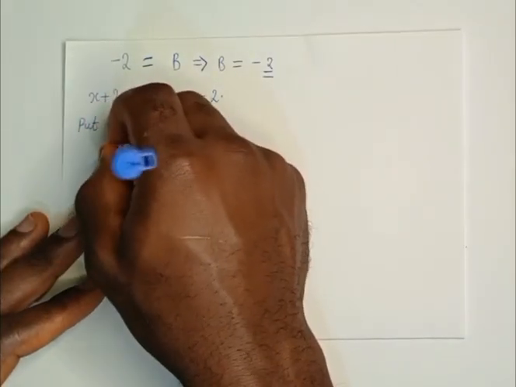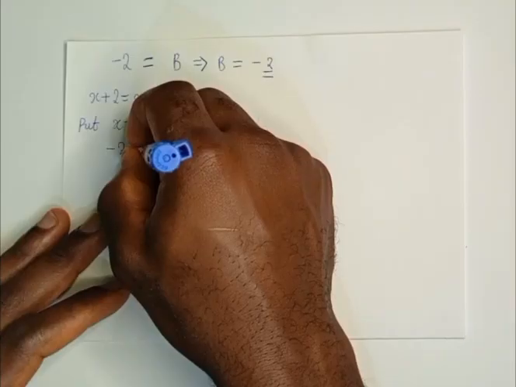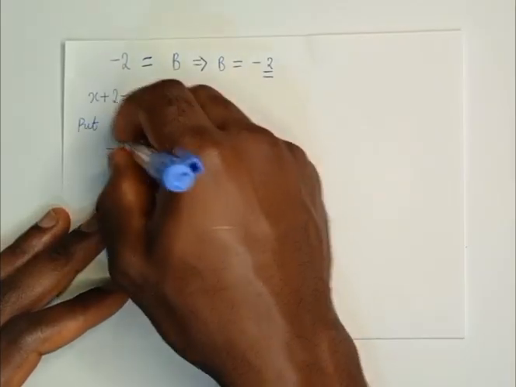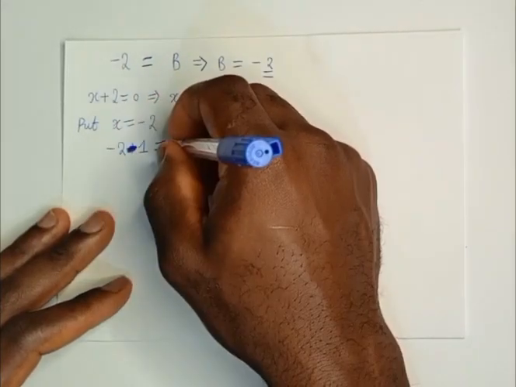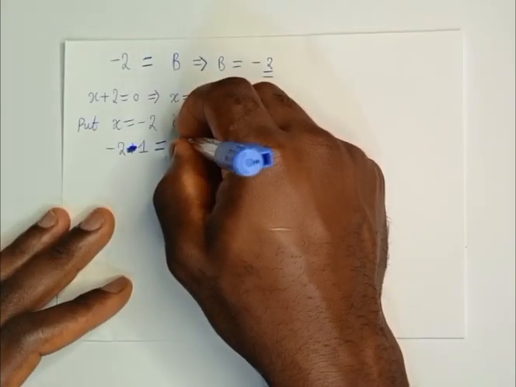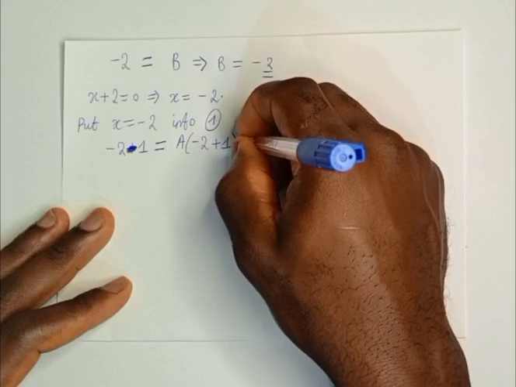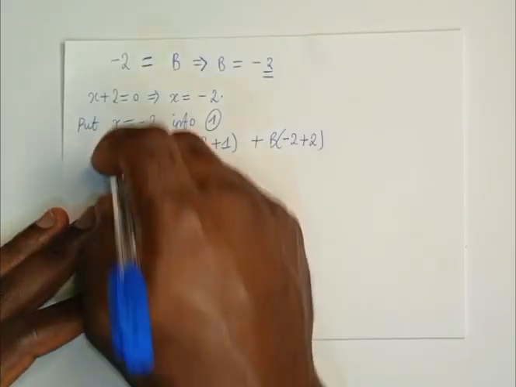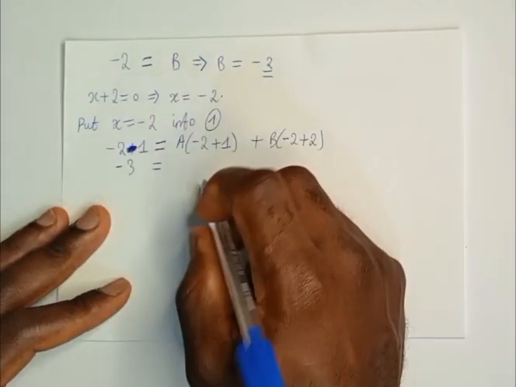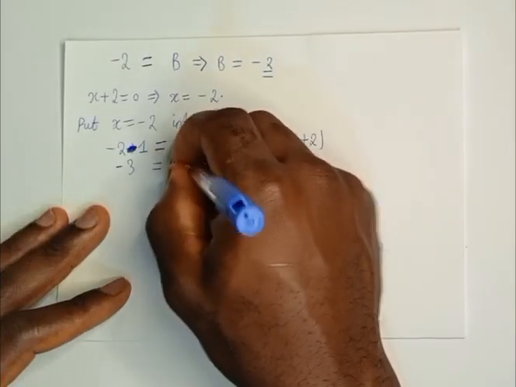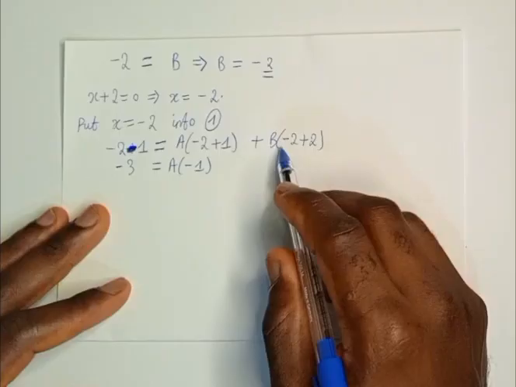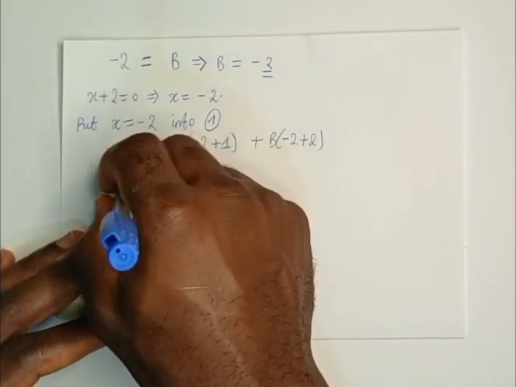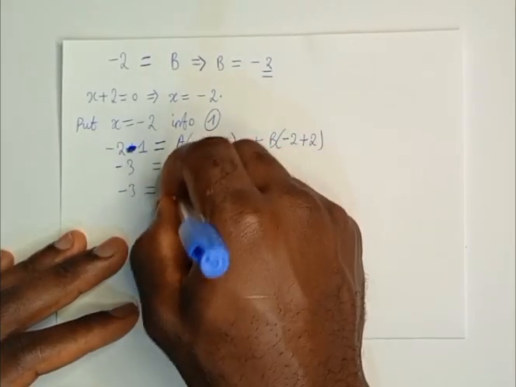This will give us -2 minus 1 is equal to a times (-2 plus 1), where we replace x with -2, plus b times (-2 plus 2). -2 minus 1 gives us -3, equal to a times -1, since -2 plus 1 gives us -1, plus b times 0, since -2 plus 2 gives us 0, and b times 0 gives us 0. -3 will be equal to a times -1, which gives us -a.